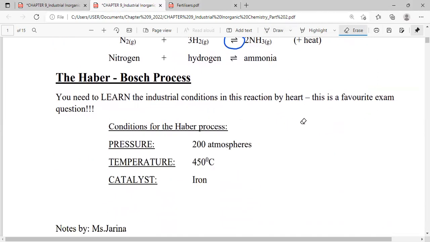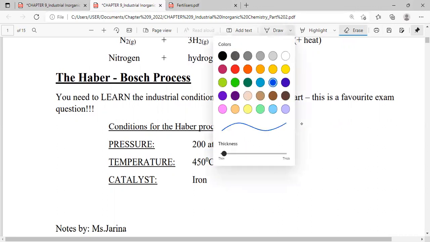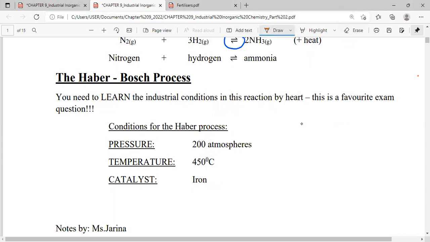Now the Haber process is also known as the Haber-Bosch process. It's called the Haber-Bosch process because it was invented by two people, Haber and Bosch. If you look at the conditions, they are quite simple. Pressure of 200 atmosphere is needed, temperature 450 degrees Celsius, and a catalyst of iron.